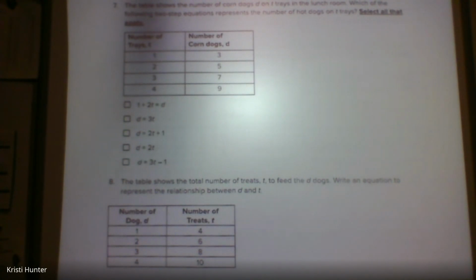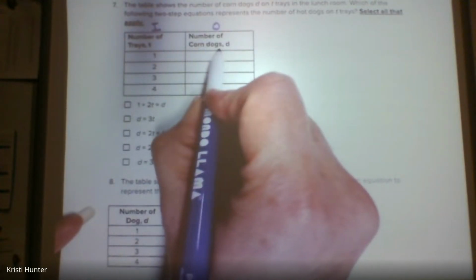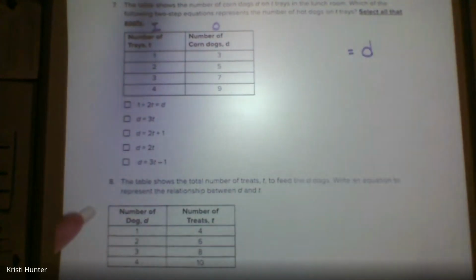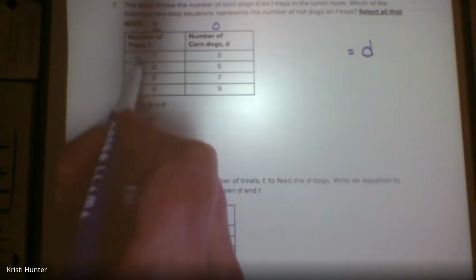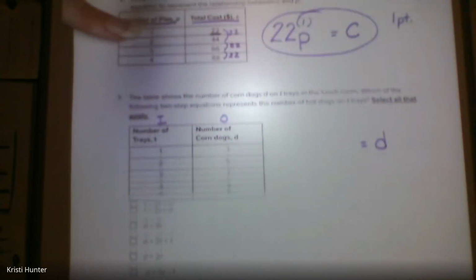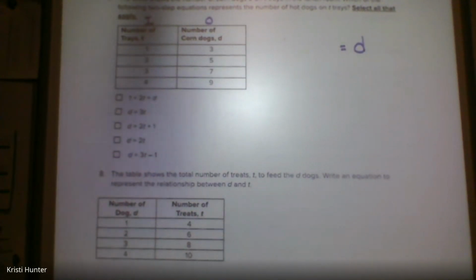So if I look at this, I know that this is my input and this is my output. So my corn dogs or my hot dogs has got to be my answer, right? So when I look over here, just like I did on the problem up top, I want to see how far away are those output values.